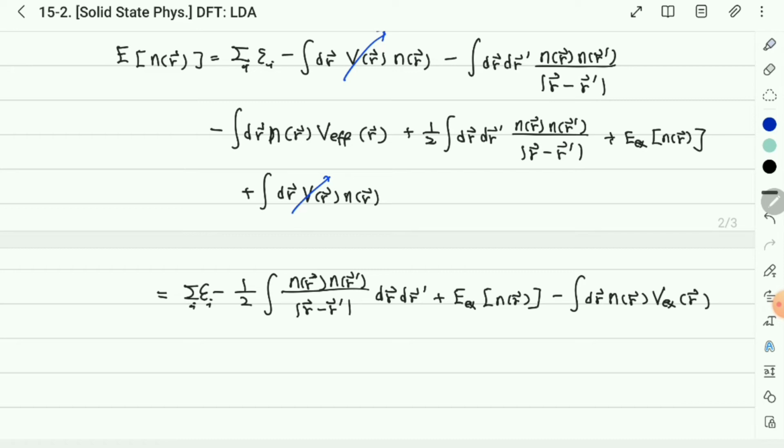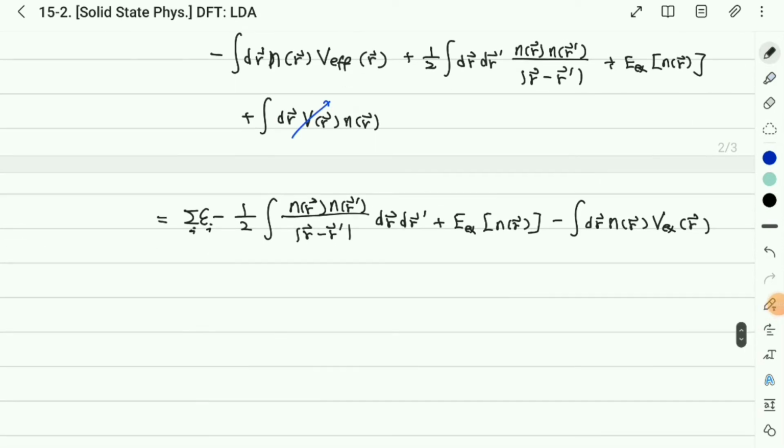Therefore, we call the local density very important. Then the local density approximation, which we call the LDA method, has some assumptions.